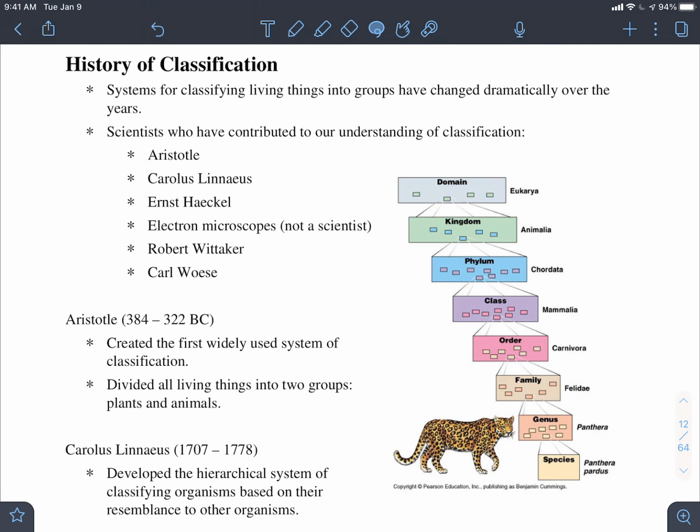And this was under the idea that if we understood all the similar features, we would be able to determine how life on Earth was related to each other. So there's lots of different scientists that we're supposed to study in this course to kind of get an idea of how organisms are related.